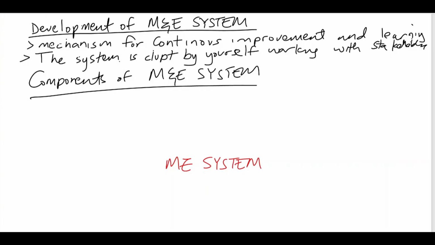The M&D system comprises of the following components. So if you're building a system in your organization, the first component you must think about is the M&D plan.